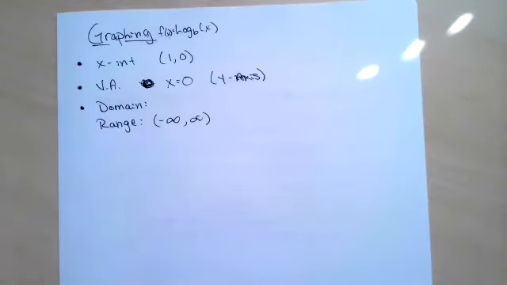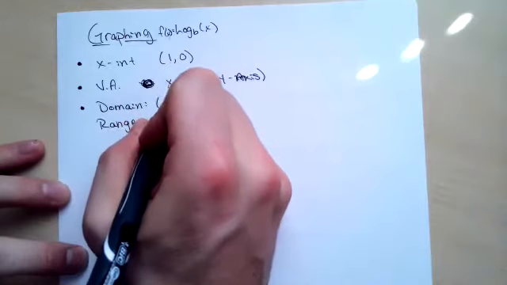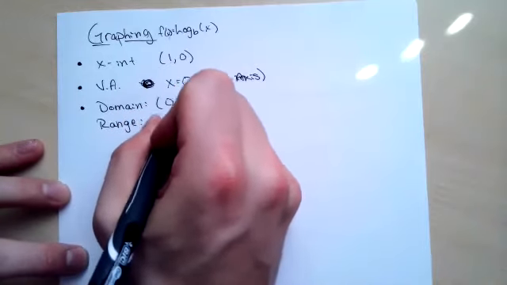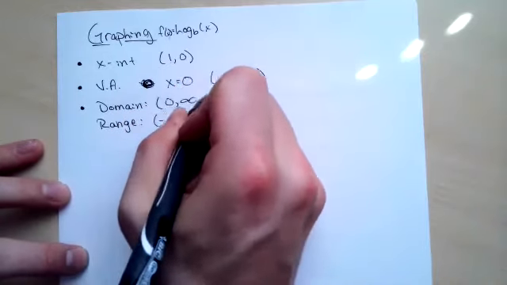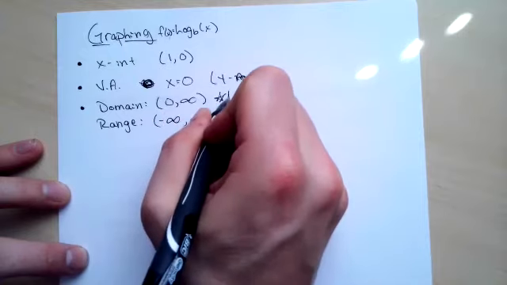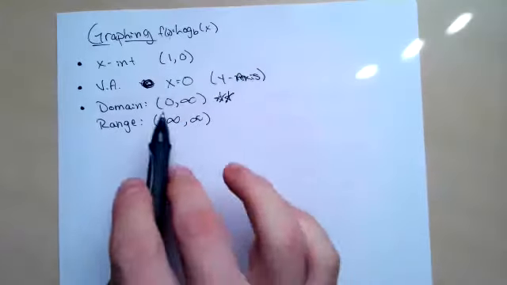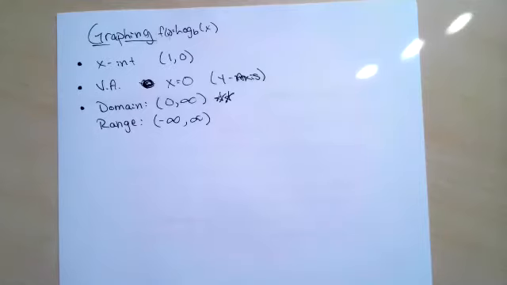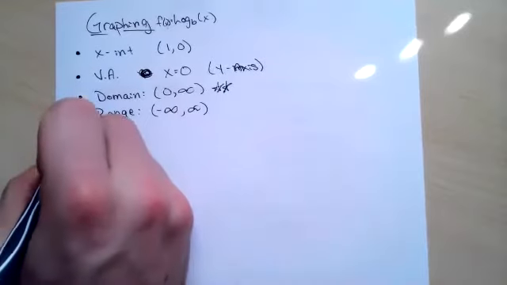So the range of the exponentials we saw was 0 to infinity. And so this is going to be important. Our domain now is restricted for logarithms, 0 to infinity. This tells us that I cannot take a logarithm of a negative number. Cannot take a logarithm of 0. We can check some of these computations here once we try to graph it.